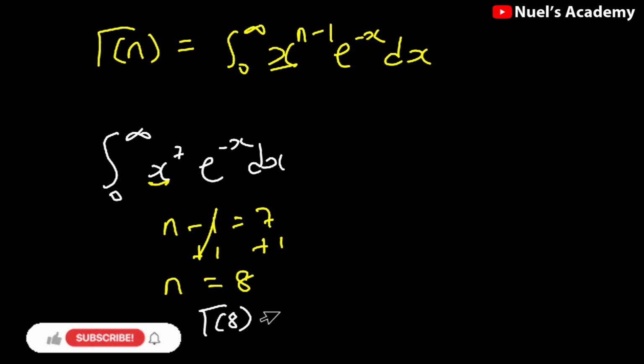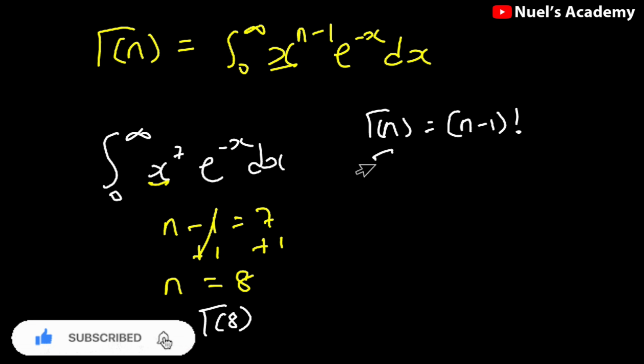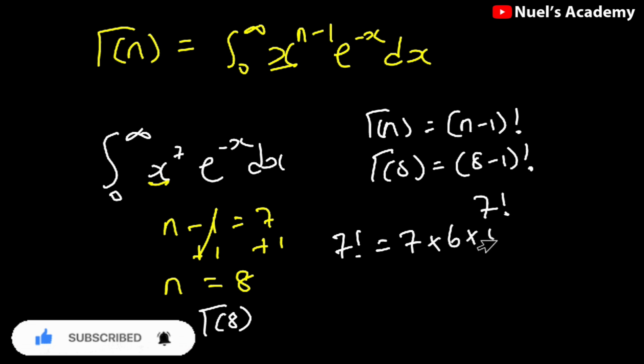Okay, and then you need to know that gamma n is equal to (n-1) factorial. Which means that gamma 8 is equal to (8 minus 1) factorial. Then 8 minus 1 is equal to 7, so this is going to be 7 factorial, which is 7 times 6 times 5 times 4 times 3 times 2 times 1.